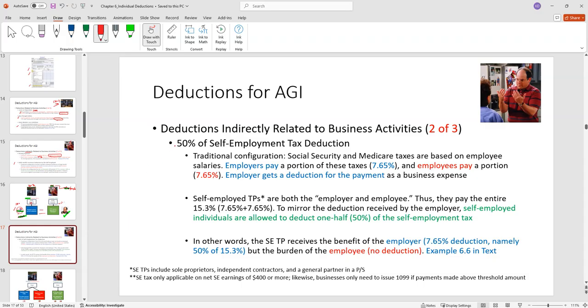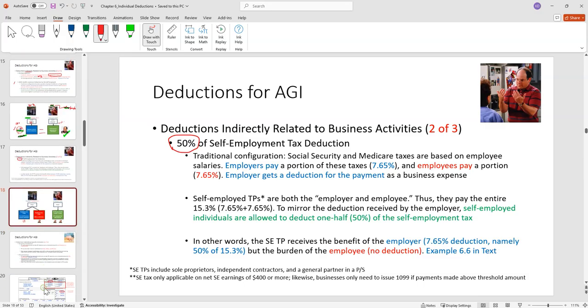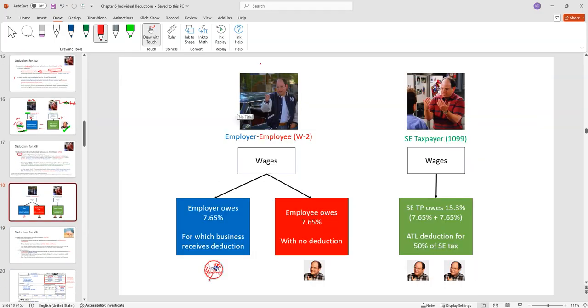George, if he's self-employed, is going to get a 50% deduction for self-employment tax, okay? Let's take a step back because this gets a little complicated. Self-employment tax: if you are an employee, so he works for the Yankees, let's just say he makes $100,000 a year.